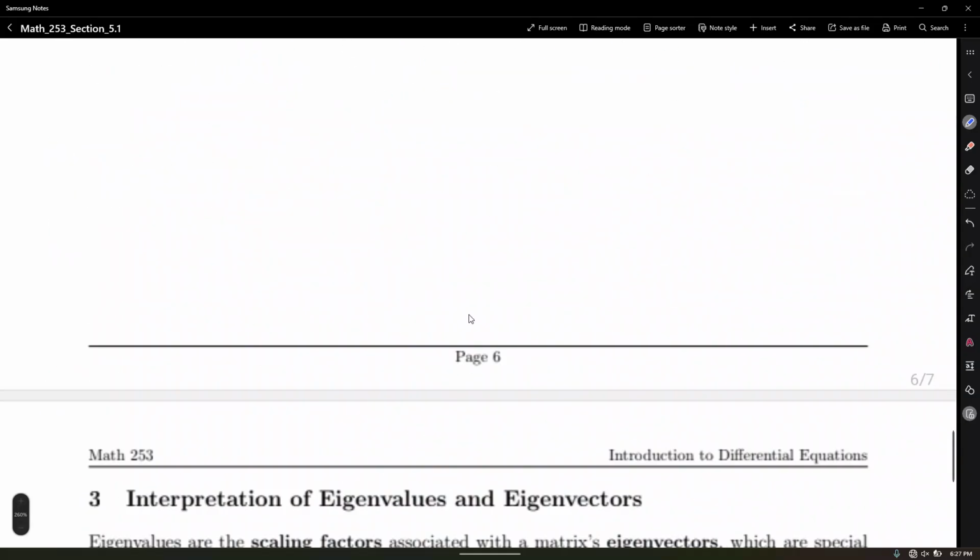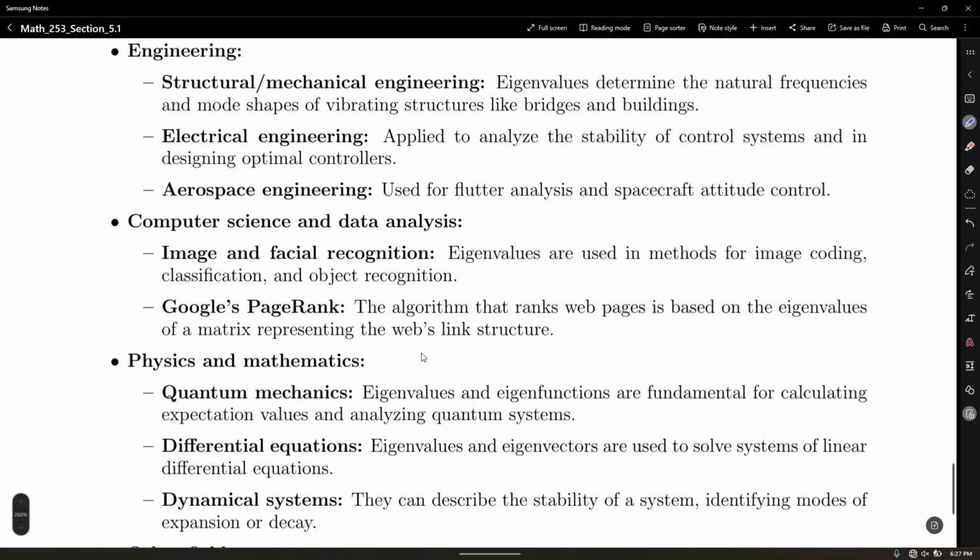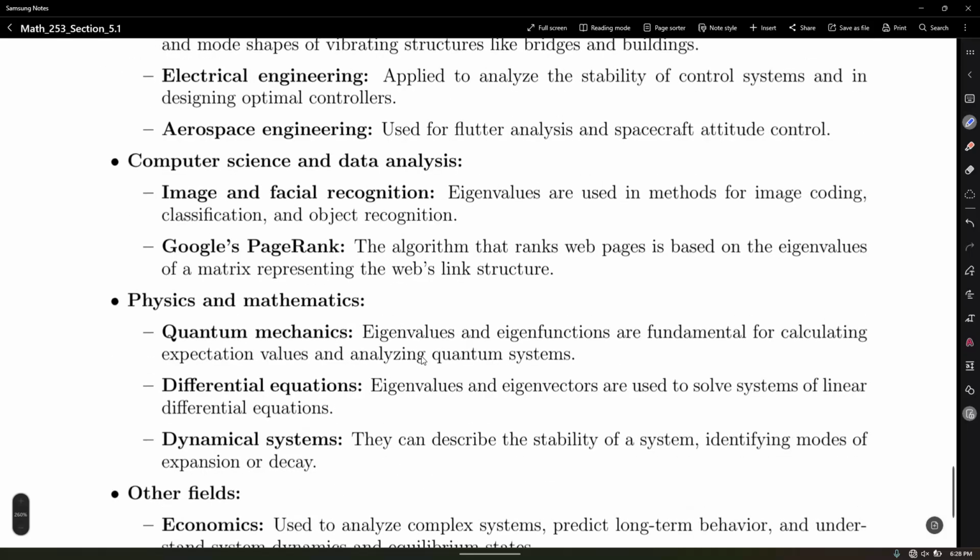Now, applications: where do you see these eigenvalues and eigenvectors in engineering? In structural or mechanical engineering, these are used to determine the natural frequencies and mode shapes of vibrating structures, like in bridges and buildings. In electrical engineering, they're applied to analyze the stability of control systems and design optimal controllers. In aerospace engineering, they use eigenvalues and eigenvectors for flutter analysis and spacecraft attitude control.